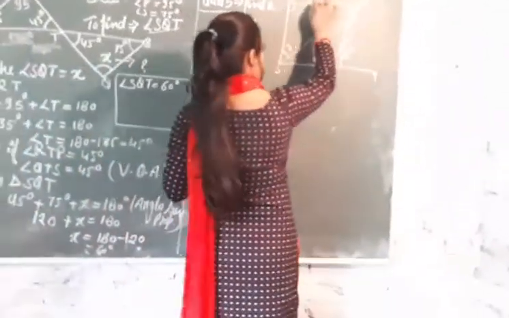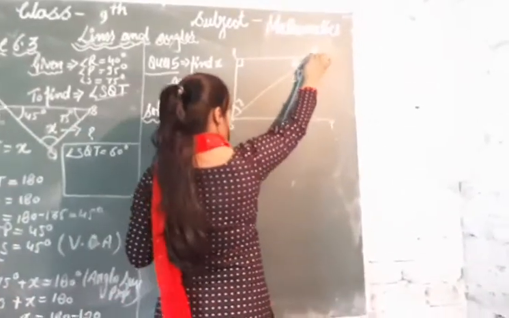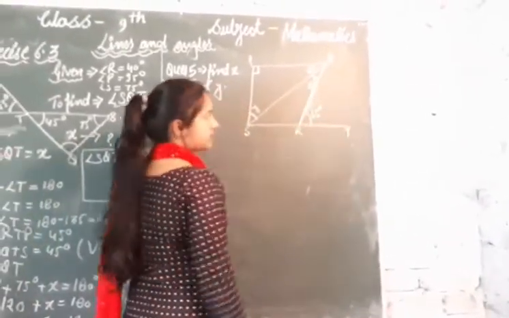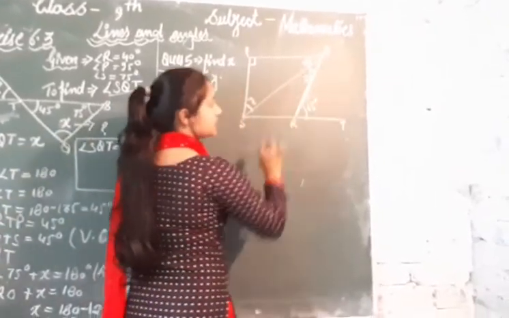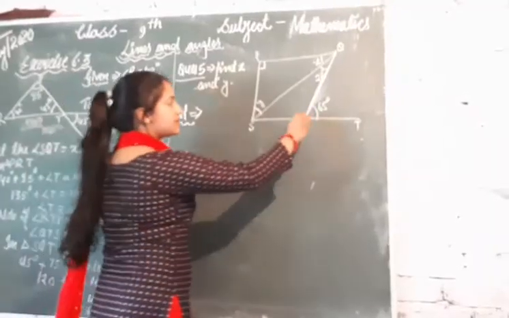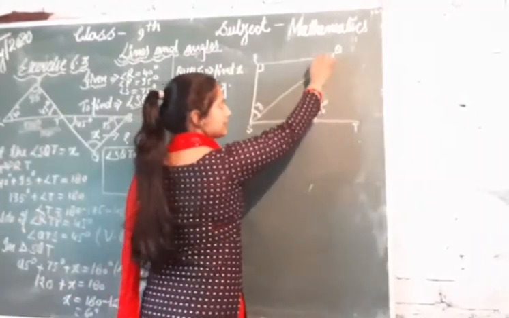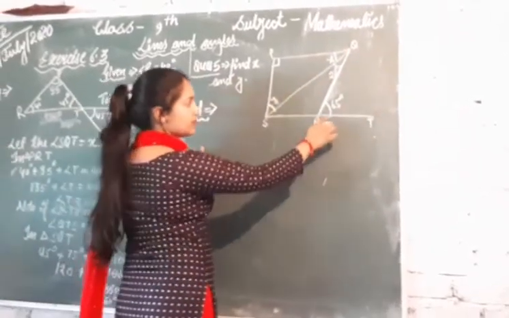See, this PQ and this ST both are parallel to each other, and this line QR is the transversal between them. Whenever we have this 65 and this angle, they are alternate interior angles, so they should be equal to each other.